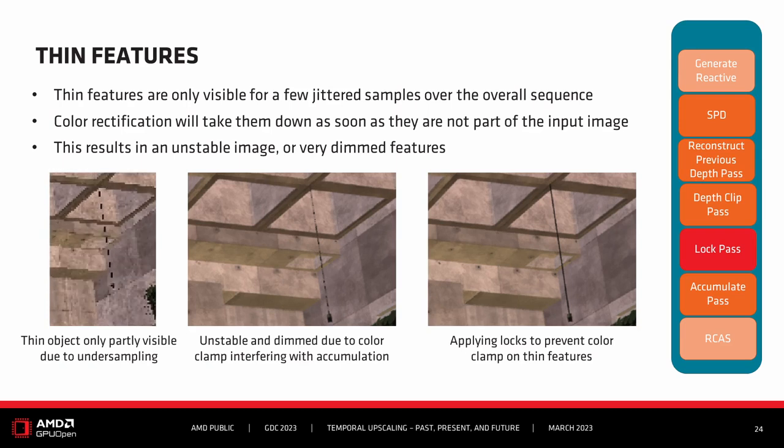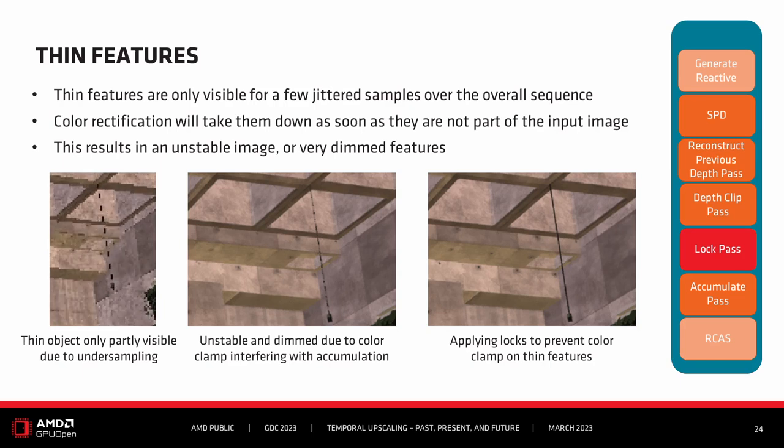The problem with color clamp is with thin features. Those can be either geometry based or just features in some texture somewhere. Thin features are features that are smaller than 1 pixel, so as a result, with the camera jitter, they will not appear in every pixel or every frame for that pixel.